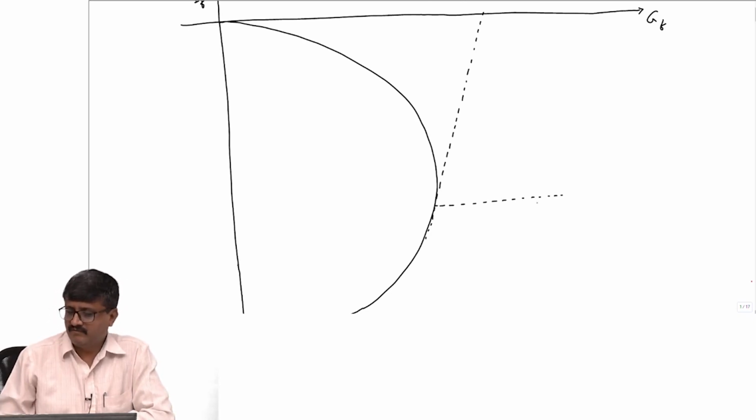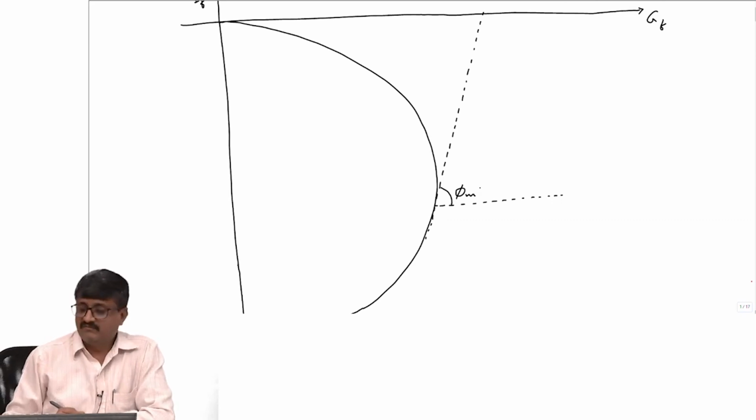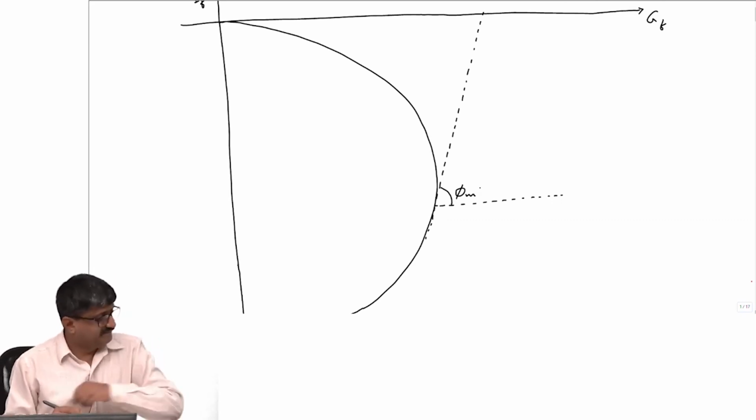So, this dotted line makes an angle with respect to the boundary which is equal to phi m.